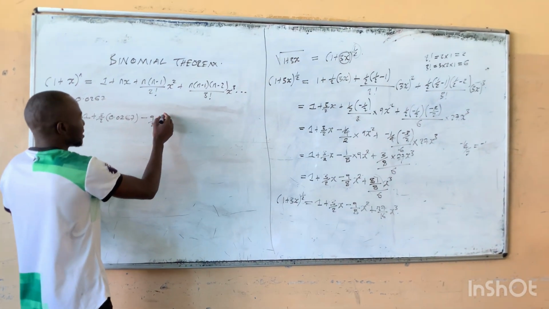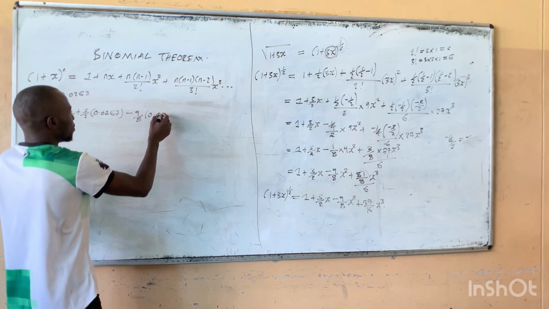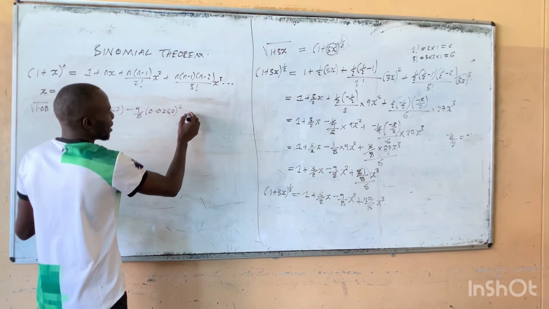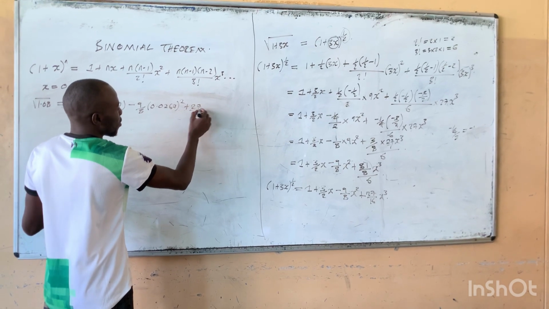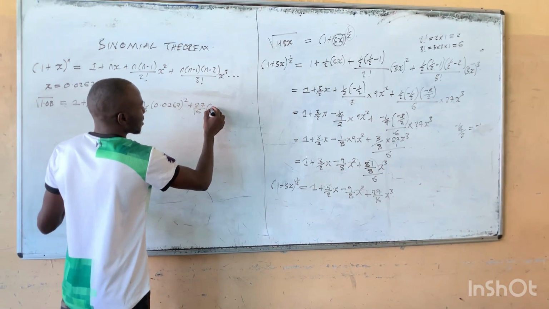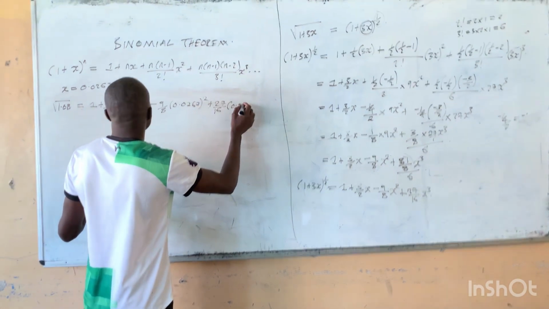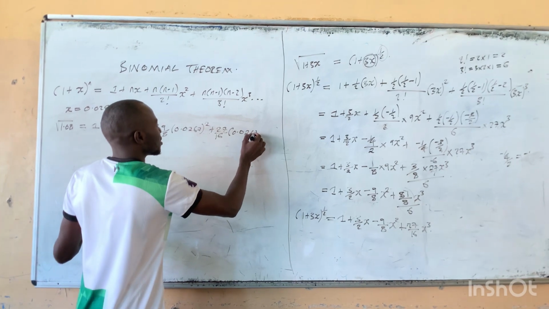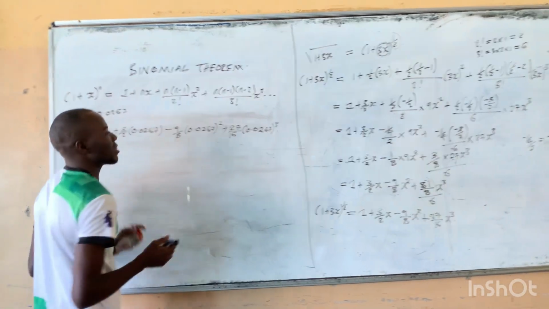So where there is x, in this case 0.0267 raised to the power 2, plus 27 over 16. This is 0.0267 raised to the power 3, like that.